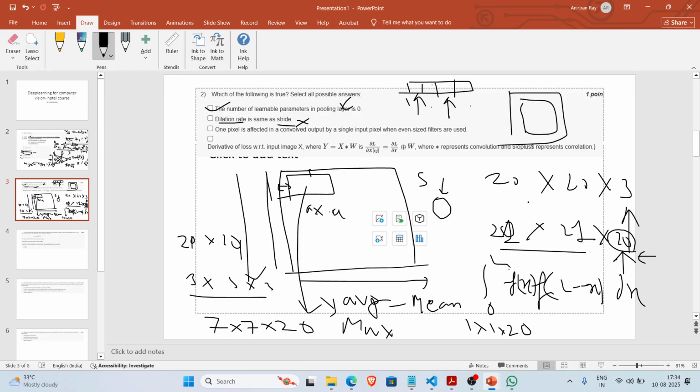The concept is like this. When you are taking an odd size filter, the benefit is that you have a center of the filter defined. But in case of an even sized filter, the center is not defined.